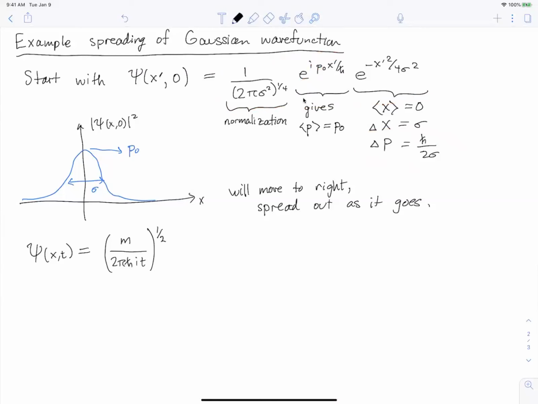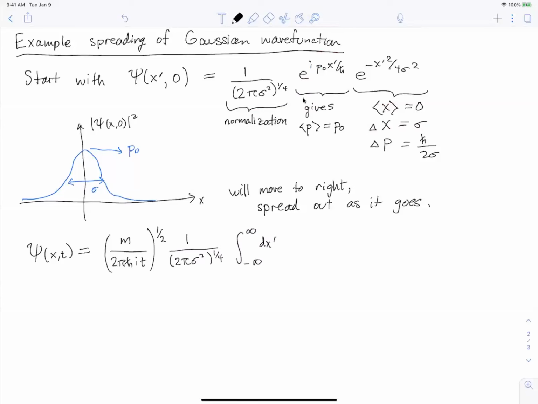Okay, so getting back to this, there was this factor, this to the 1/2. There's our normalization factor. I'm going to write all the constants out front because they're not part of the integration. And then there was an integral that we have to do, minus infinity to infinity dx prime.